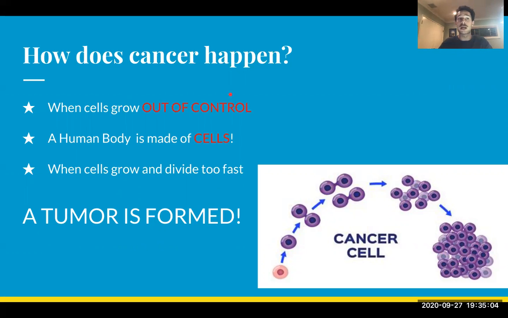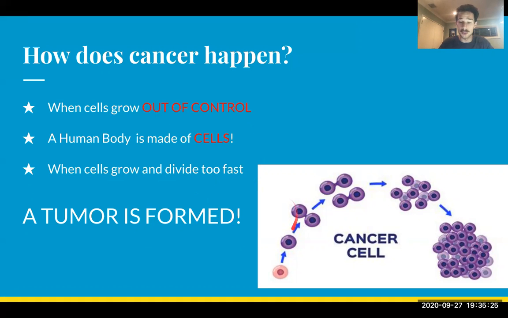For example, you get the instruction manual for your Lego spaceship, but you totally ignore the instructions and build something totally different out of control, right? When the cells in your body don't follow their instruction manuals, they grow out of control, and that can cause cancer.